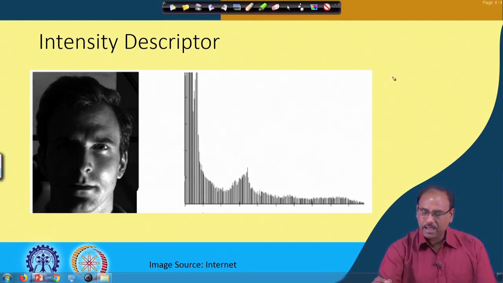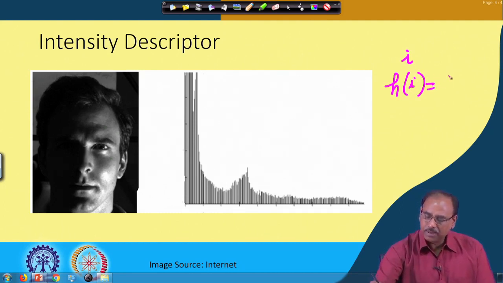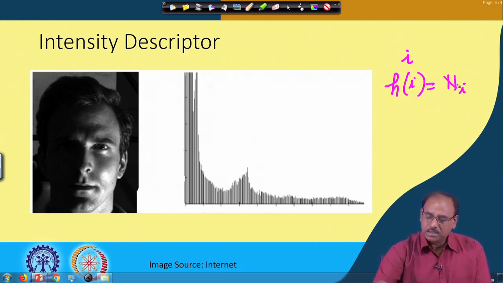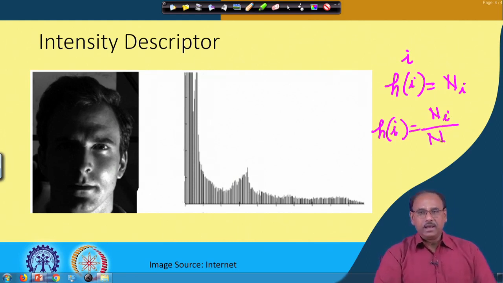If I take an intensity value I, then the histogram H(I) tells me how many times this intensity I appears within the given image, or in other words, H(I) is the number n_I of pixels within the image that have intensity value I. If I normalize this histogram, that is H(I) = n_I / N, where capital N is the total number of pixels in the given image and n_I is the number of pixels having intensity value I.